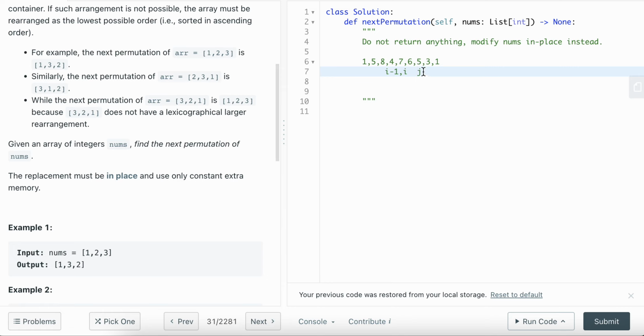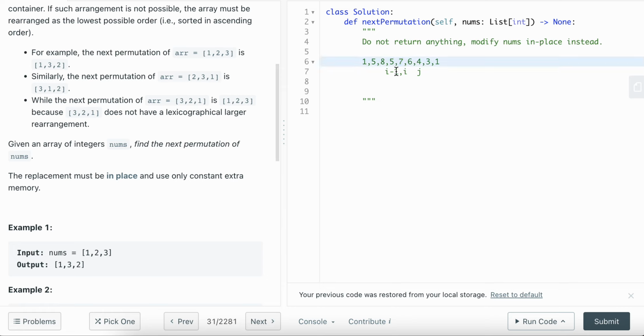Once you find this position, you want to swap this i minus 1 with j. So you want to swap the 4 with 5 here. Once you swap them, you do another step, which is to sort the rest of the array.